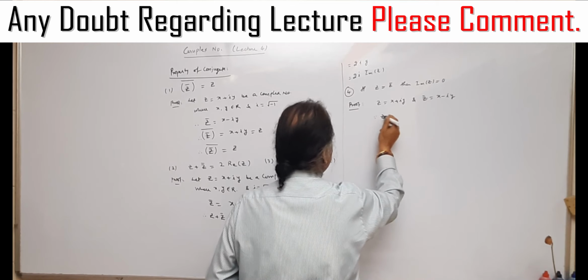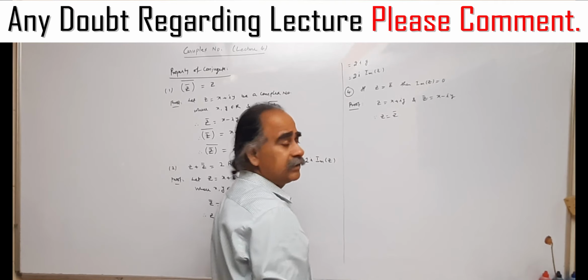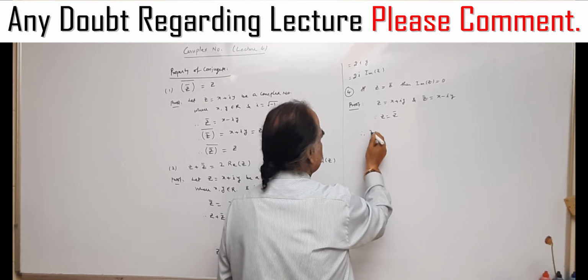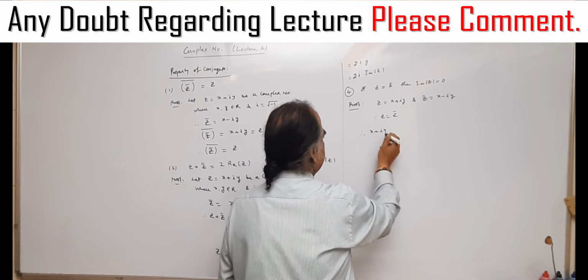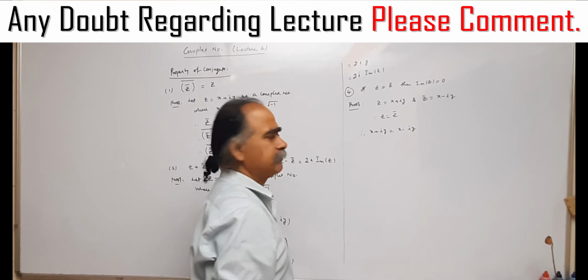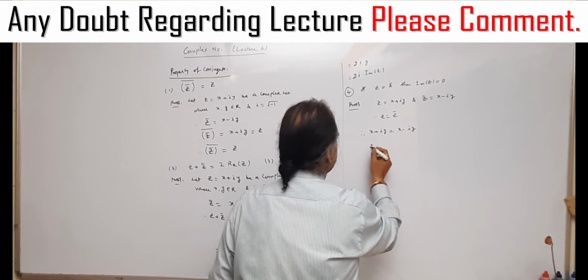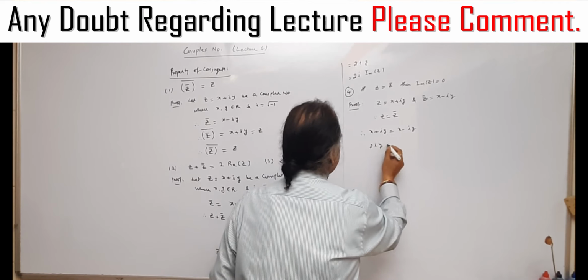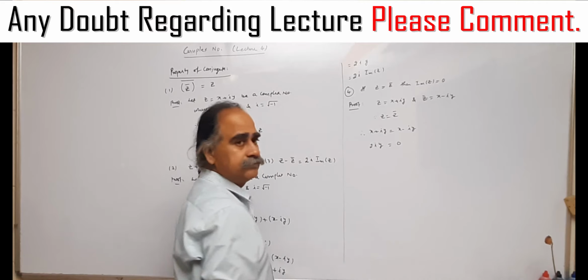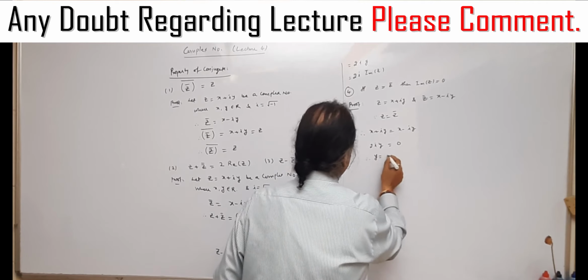Since z is equal to z conjugate, x plus iy is equal to x minus iy. Bring all the terms on this side. So 2iy is 0. So this will be 0 when y is 0.